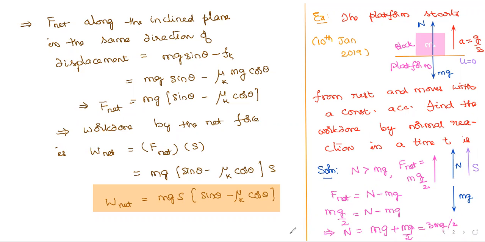Then the weighing machine reads how much? The weighing machine reads your weight mg, or mg plus ma, if you ask. Then I say whatever the force applied by the weighing machine, that is the reading the weighing machine shows. The force applied by the weighing machine is the normal reaction. So normal reaction is the reading that it shows on the scale.